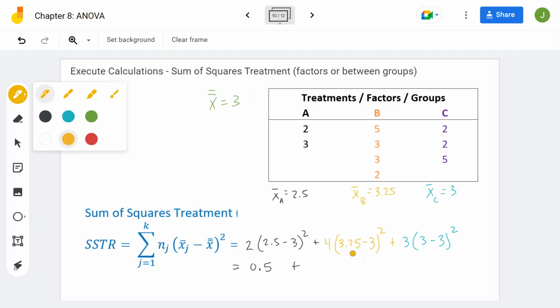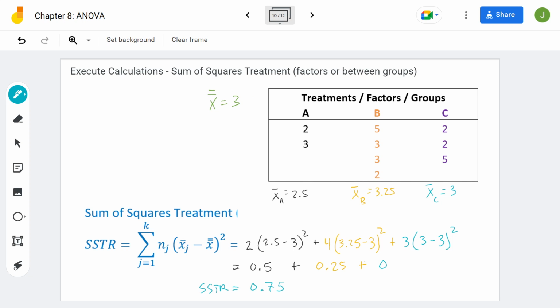When I square 0.25, that's going to be 0.0625, and when I multiply that by 4, that's going to be 0.25. And then in the last one, 3 minus 3 is going to be 0. When I square 0 and I multiply that by 3, that's still going to be 0. And then if I simply add these values up, I'll get my sum of squares treatment. So 0.5 plus 0.25 is going to be 0.75. And that's what we got when we used the relationship between those values on the table.